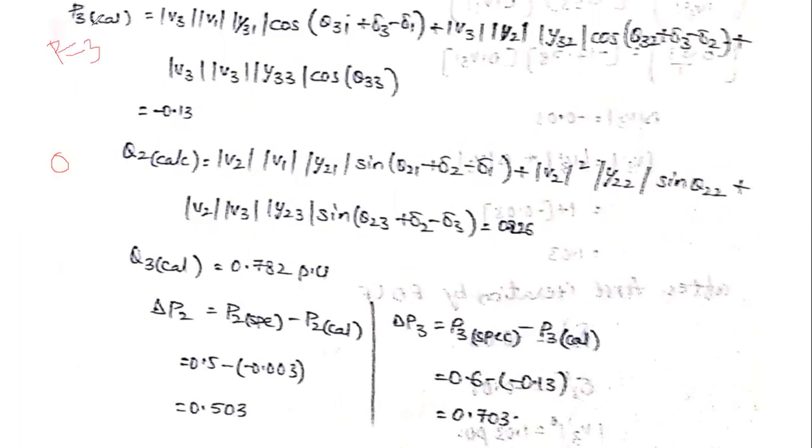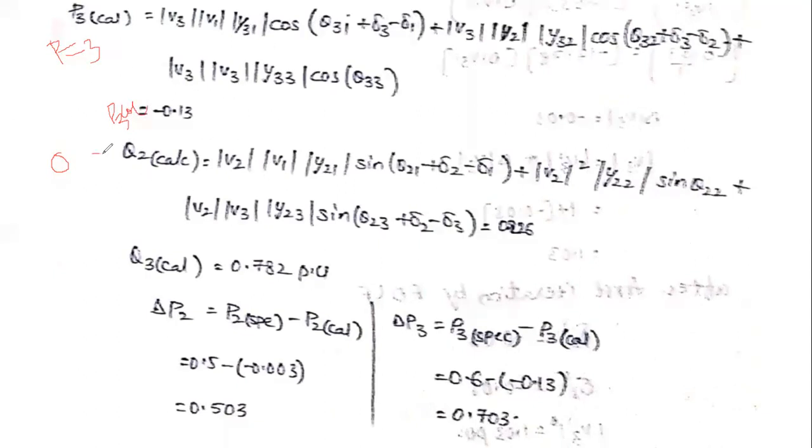This is the PP formula, and Q is equal to 1 to 3. Expand this formula and substitute all the values, and then calculate the P3 calculated value. Okay, this is the P3 calculated value.